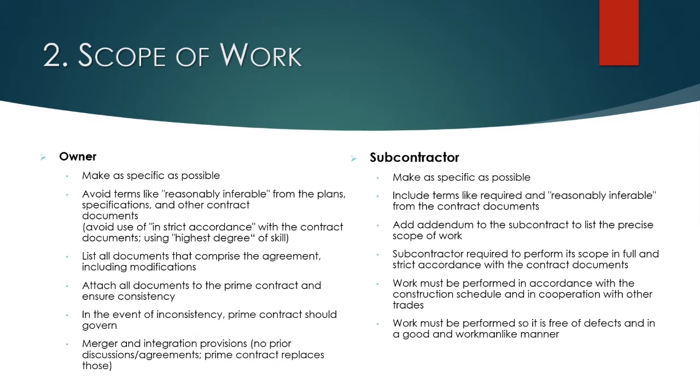Keep in mind that you're probably going to see a provision in the prime contract or a subcontract that requires the parties to perform work that's free of defects and in a good and workmanlike manner. That's pretty standard language that you'll see in both types of contracts.